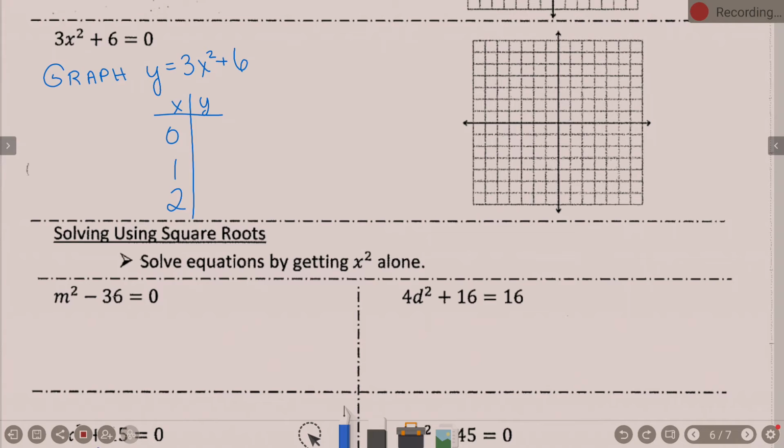Okay. So what are we going to do with 0? Replace the x. So it's going to be y equals 3 times 0 squared plus 6. 0 squared is 0. Times 3, 0. Plus 6, 6.